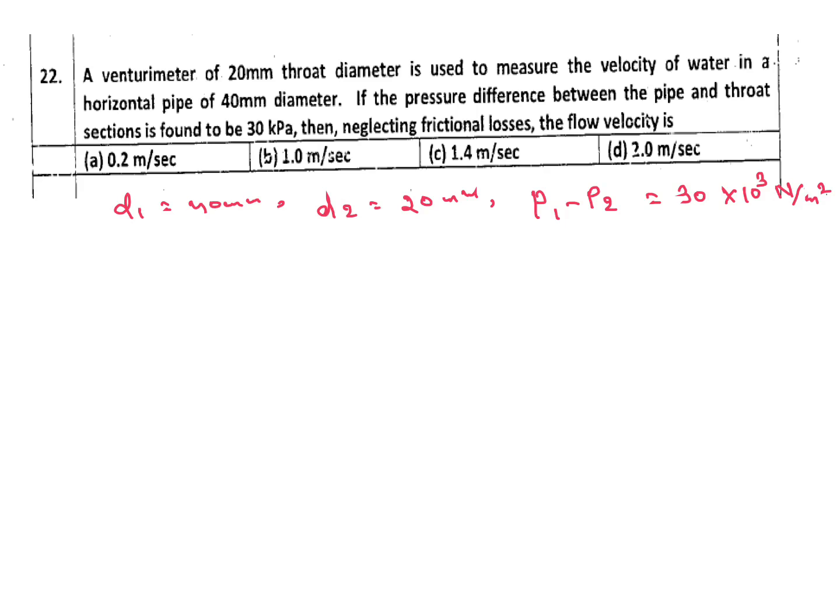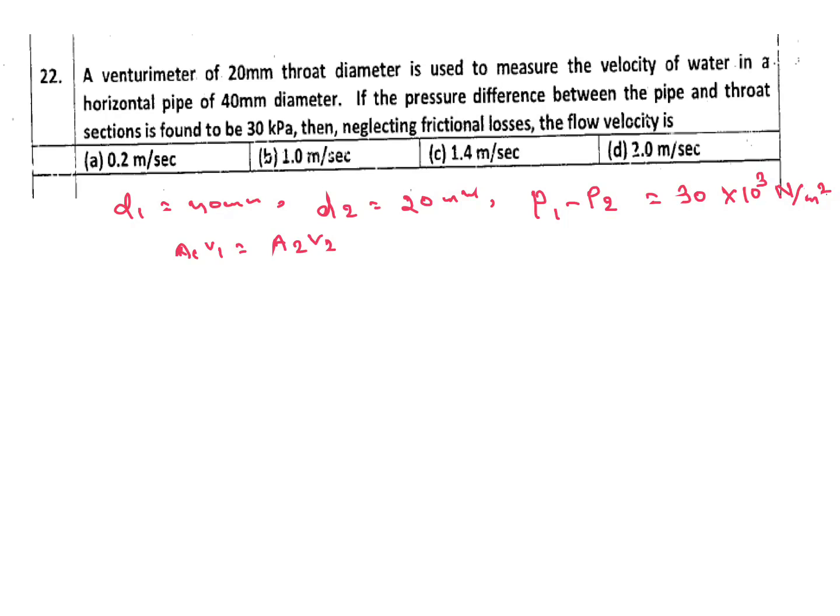So Bernoulli's equation, first from the continuity equation we have to calculate the V1 and V2 relation. So A1 V1 equal to A2 V2.